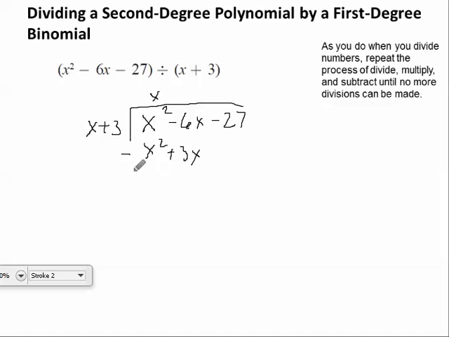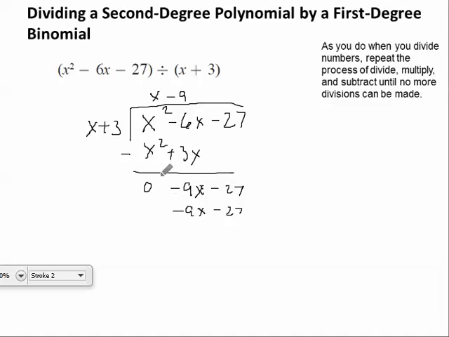Subtracting that gives me 0, and negative 6x minus 3x gives me minus 9x. What do I have to multiply by to get rid of the minus 9x? That would be minus 9. Minus 9 times x gives me minus 9x, and minus 9 times 3 gives me a negative 27. Oh, I forgot to bring down my negative 27.